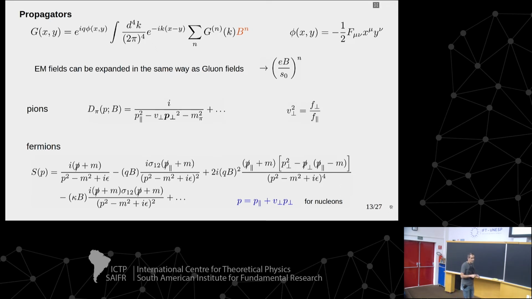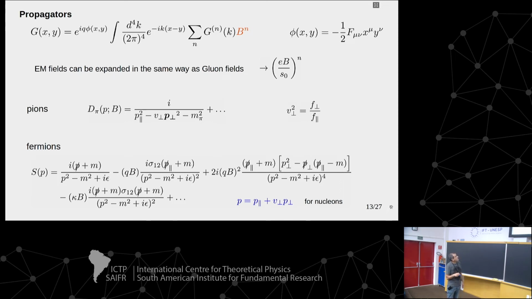So in principle, you have to incorporate the infinite series of OPE, but they are decreasing over the OPE of dimension n over s0. So if s0 is big enough, this can be approximated to 0.